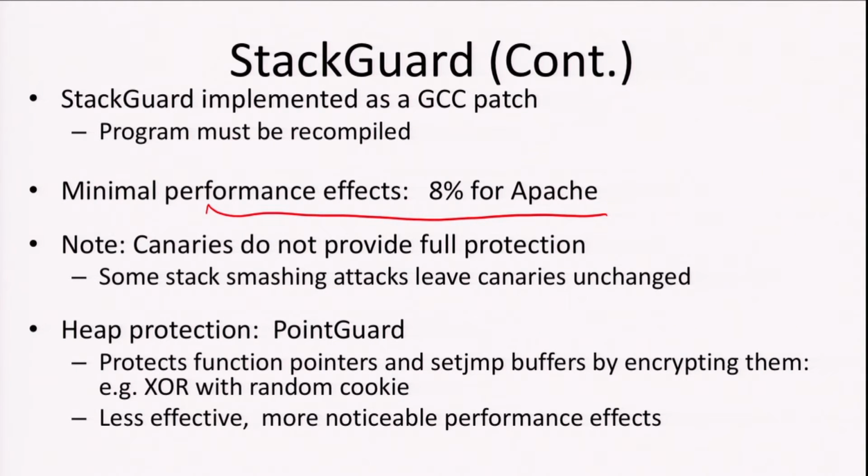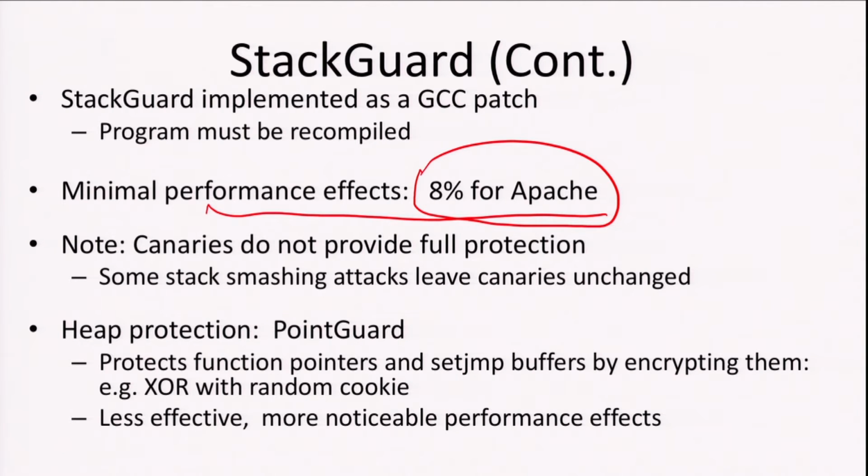For small programs or not very long-lasting programs, the overhead would be much. But in the case of very long-lasting programs, as was shown for Apache, it was only 8%. So if your program is critical and you don't want to be attacked by buffer overflow, then you want to use that.